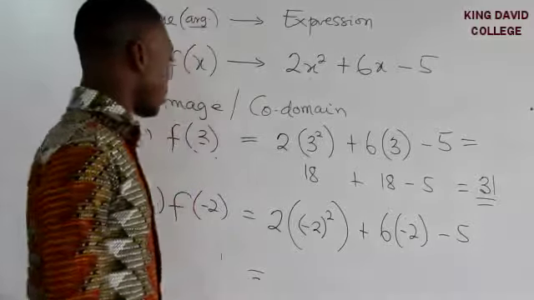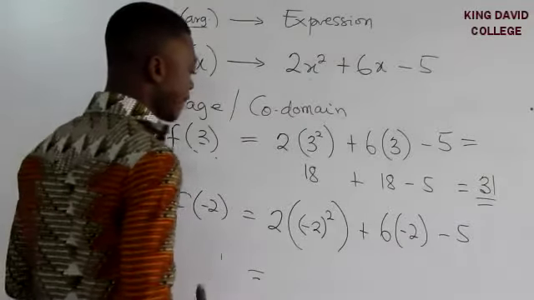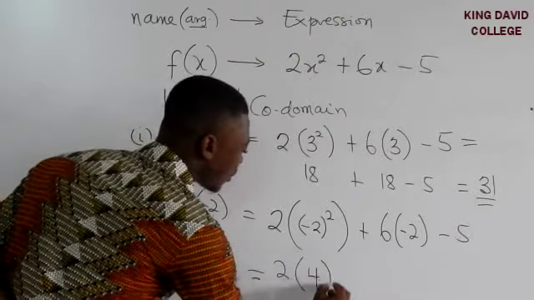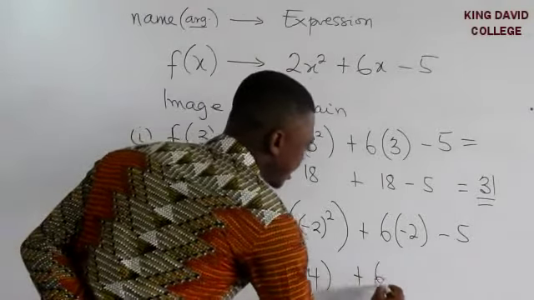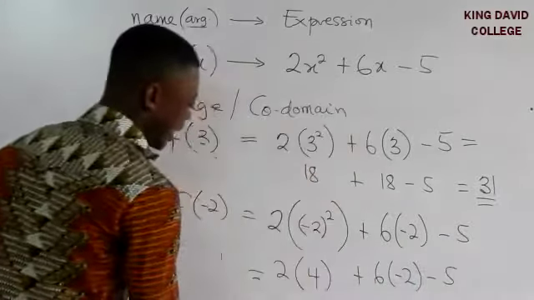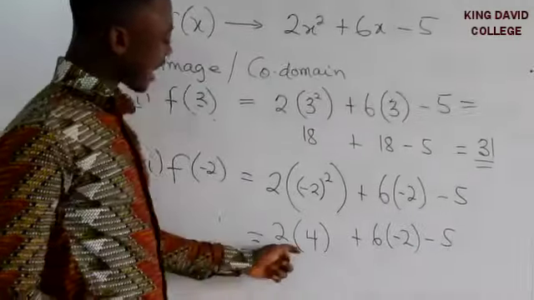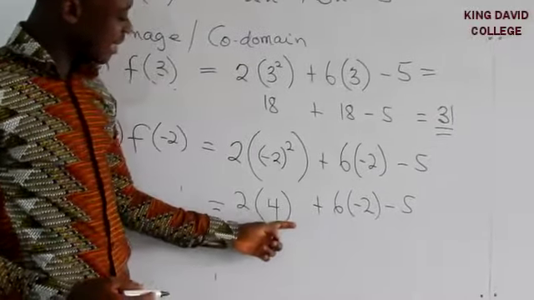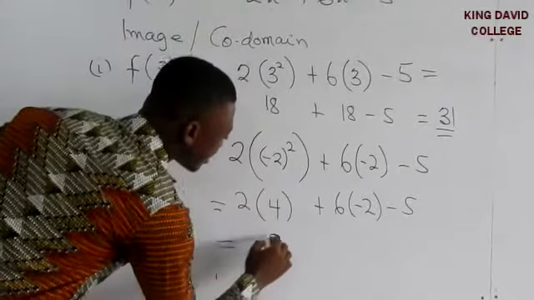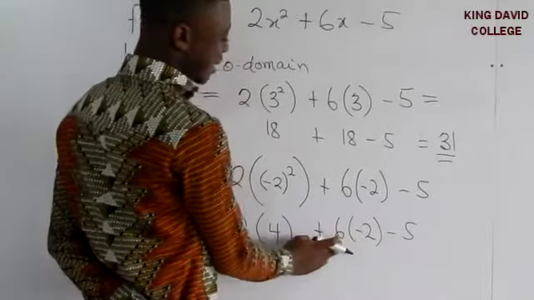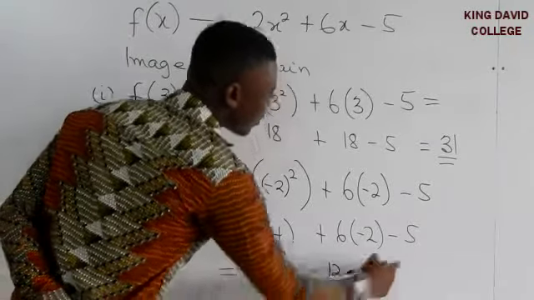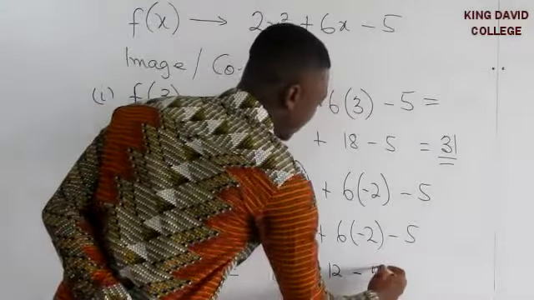Okay. So, yeah. This is just going to be 2 multiplying 4, plus 6 times -2, minus 5. So at the end of the day, 2 times 4 is going to give me 8. And then, so let me write it, 8. Then 6 times -2, this is going to give me -12. And then -5 will come.